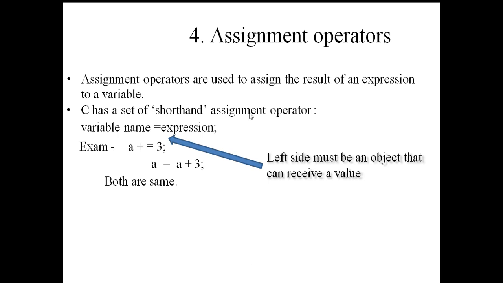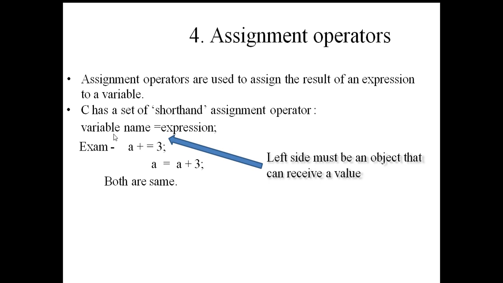C has a set of shorthand assignment operators. We can write the assignment operators like this: variable name operator equal to expression. Example, a plus equal to 3. This is a shorthand notation of an expression where a is assigned a plus 3.